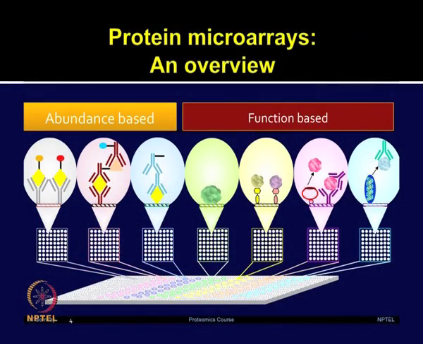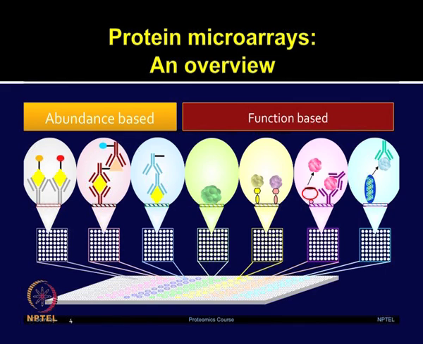In the previous lecture, I gave you an overview of different types of protein microarray technologies. We discussed both abundance based and function based protein microarray platforms. We talked about different ways of labeling, including direct labeling and sandwich type assays.